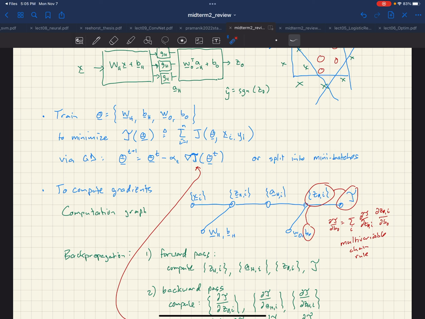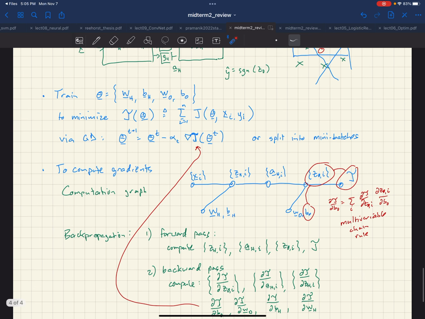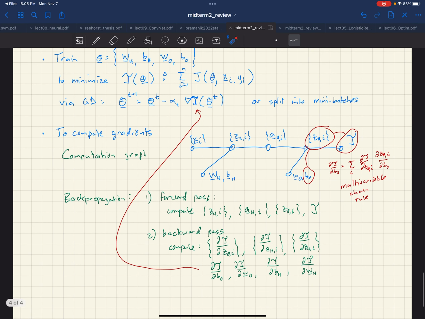If it affects multiple of them, use the multivariate chain rule where you sum up across all the different paths through those different variables. However, if it just affects one of them, then you can use the single chain rule where you don't have a sum. Otherwise, we worked through in detail how you do the backward pass, and eventually you get your dJ/db0, dJ/dW0, and so on and so on.